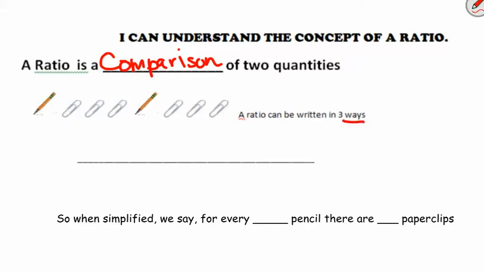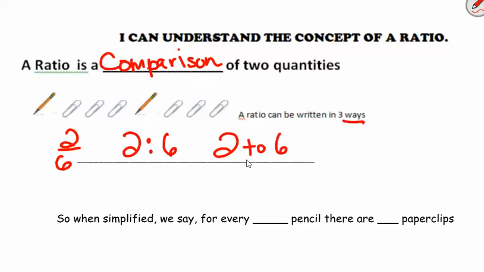So I can write a ratio in 3 different ways. I can write it as what looks like a fraction, so I have 2 out of 6. I can write it with a colon, a 2 to 6 ratio, or I can write it with the word to. Okay, so you'll see me write them all different ways, and you need to recognize that those are all ratios. And if you look at this one, if it were a fraction, you could obviously simplify it.